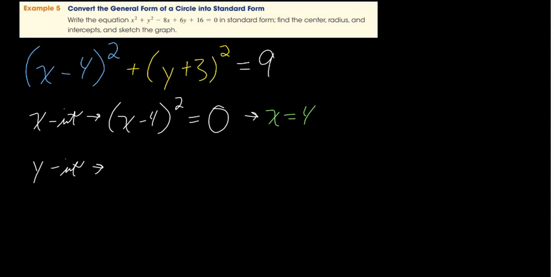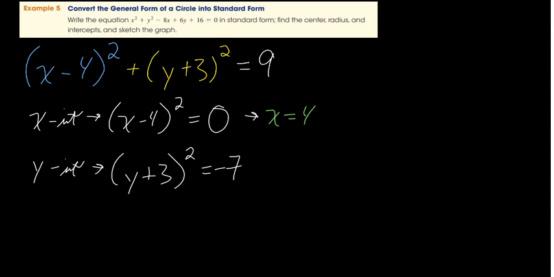Okay, so for the y-intercept, we set x equal to 0, so let's again do some mental math here. So 0 minus 4 is a negative 4. Negative 4 squared is 16. We subtract 16 from both sides, and I already see an issue here. If we subtract the 16 from both sides, we're going to end up with a negative 7.